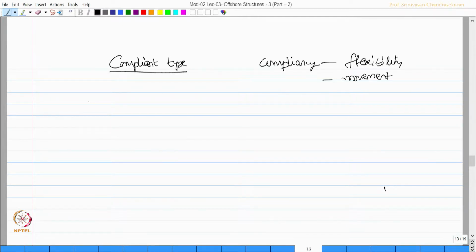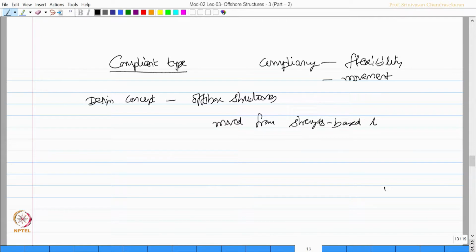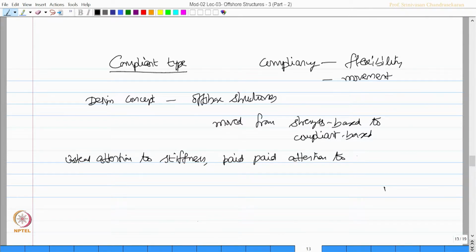So, friends, the design concept of offshore structures moved from strength based to compliant based. That is, instead of paying attention to stiffness, people paid attention to flexibility.